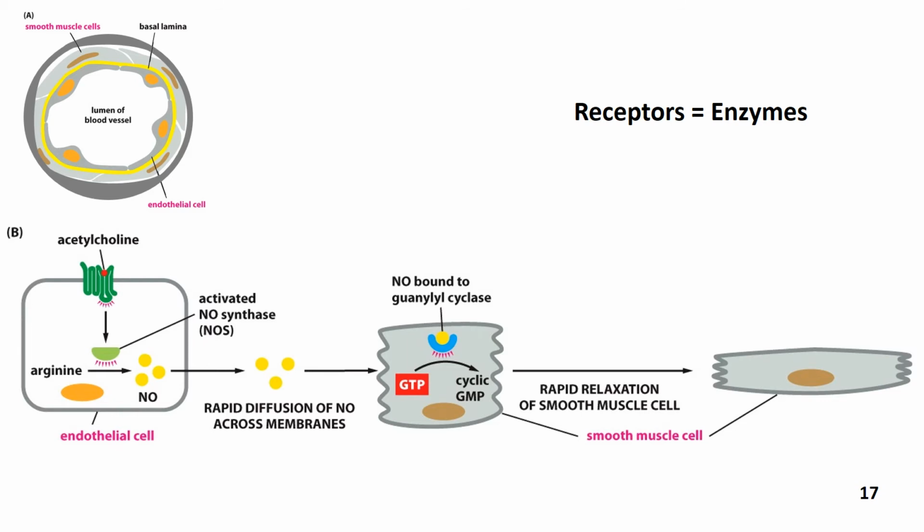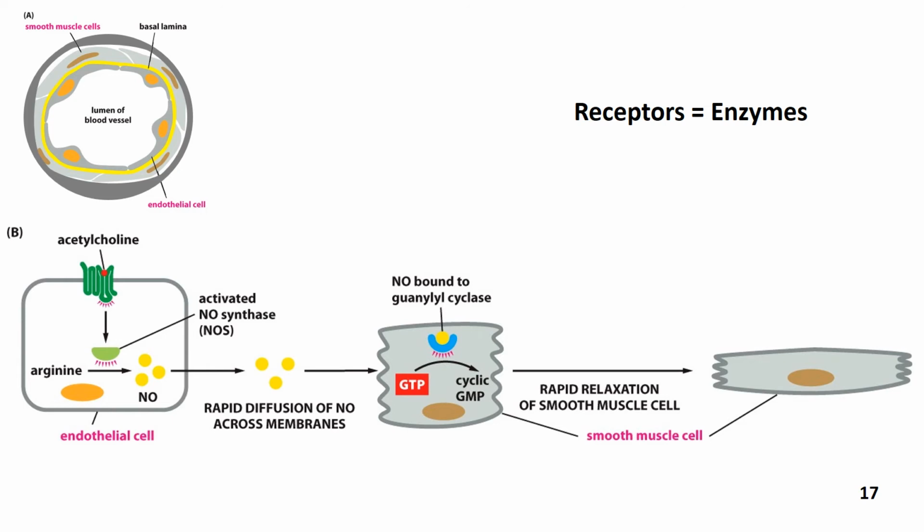It is able to diffuse then into the smooth muscle cell, and it is the smooth muscle cell that is going to respond to nitric oxide bound to a receptor enzyme in the cytoplasm. The enzyme specifically to which nitric oxide binds is called guanylyl cyclase.